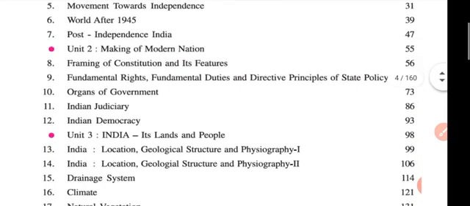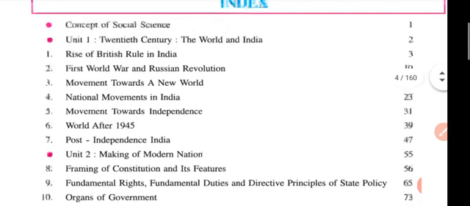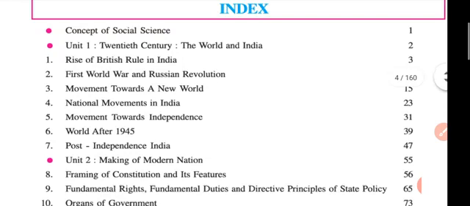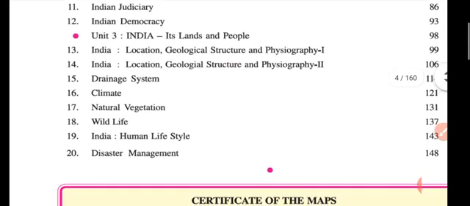Then we revise the civics part, and then we revise the geography part, and then we start the new chapter. Clear? First we will start the revision of first, second, and seventh, then 8, 9, 10, 12, then 14 and 17.